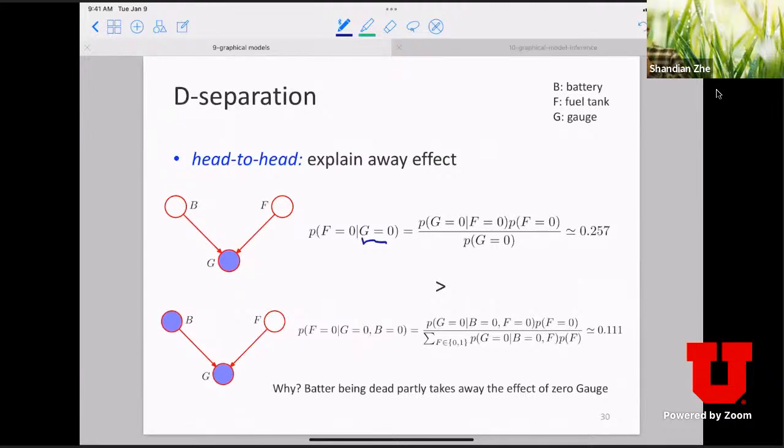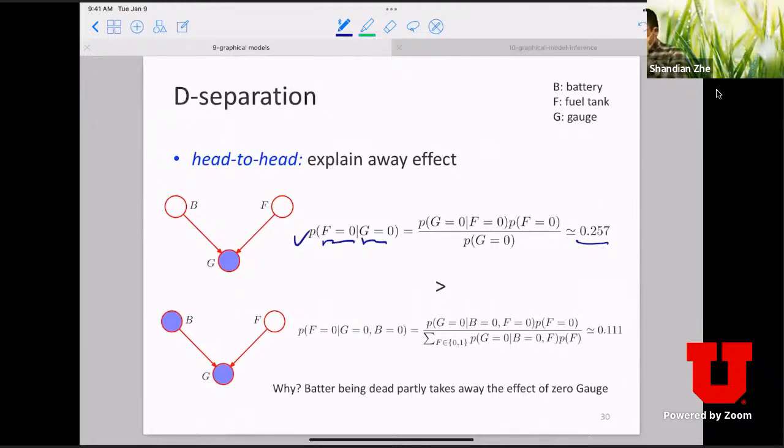Then we can calculate the posterior probability that your fuel tank is empty, which is approximately 0.257. But this case is internally comprised of two cases: one is battery alive, one is battery dead.